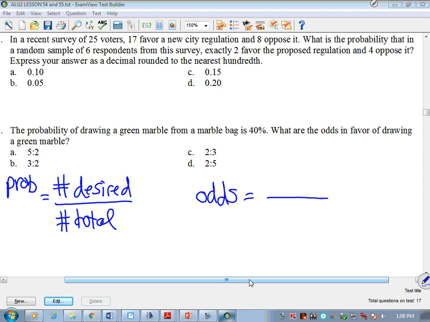Odds and probability are not the same. They're not interchangeable. We can't flip them. We can't flop them, okay? Probability is the number desired over the number of undesired. Okay?